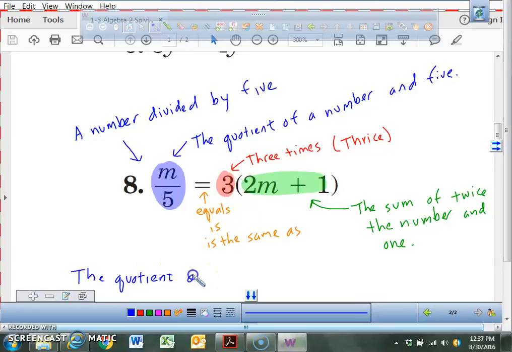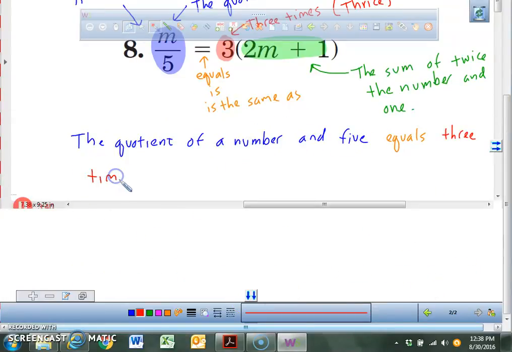But the quotient of a number and 5, I'm going to change color to say equals three times, changing colors, 3 times the sum of twice the number and 1.